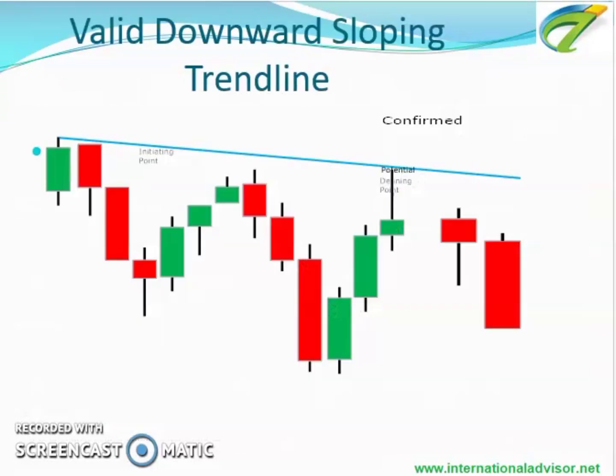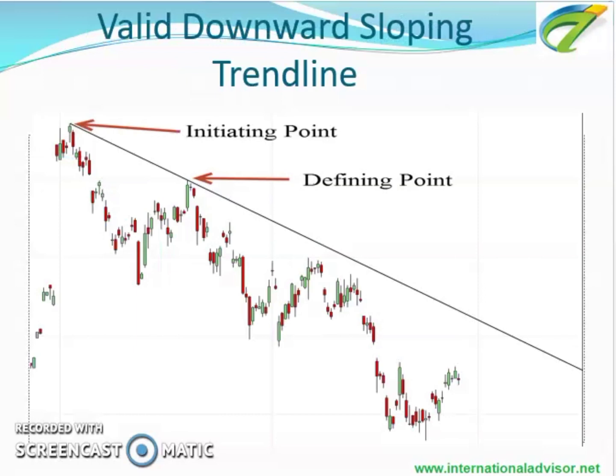Now, for an example of downward sloping, similarly you can see this is the downward sloping line, and this is the initiating point and the potential defining point, and we draw this line, and this is a valid line. Likewise, here you can also see this initiating point, defining point, and that's a valid downward sloping trend line because there is no data above this line.